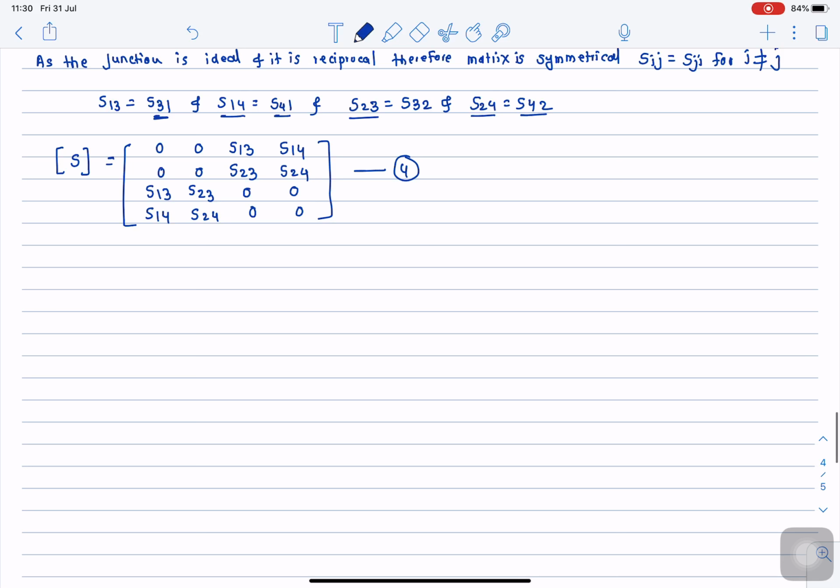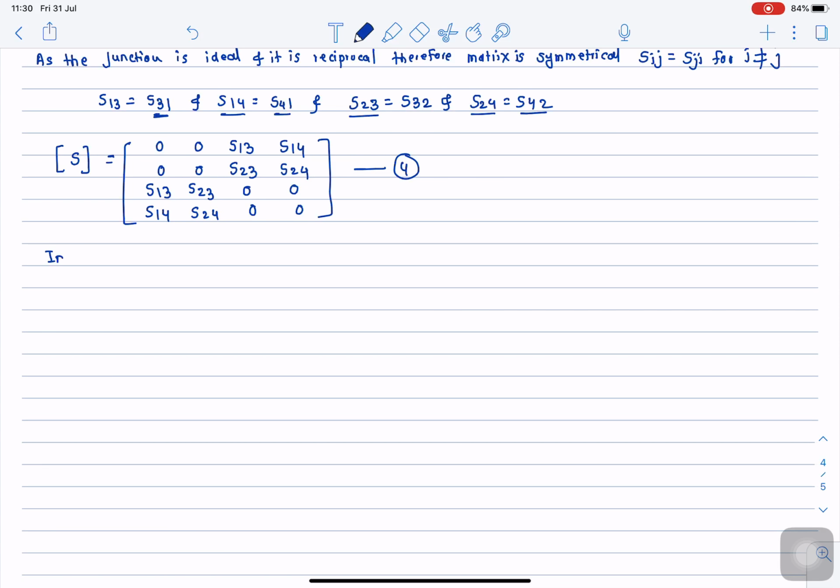Now we will apply individually the electric arm condition and the magnetic arm condition separately. First of all, in the magic T or hybrid T, we know that the electric arm is located, as in the diagram, along port number 3.